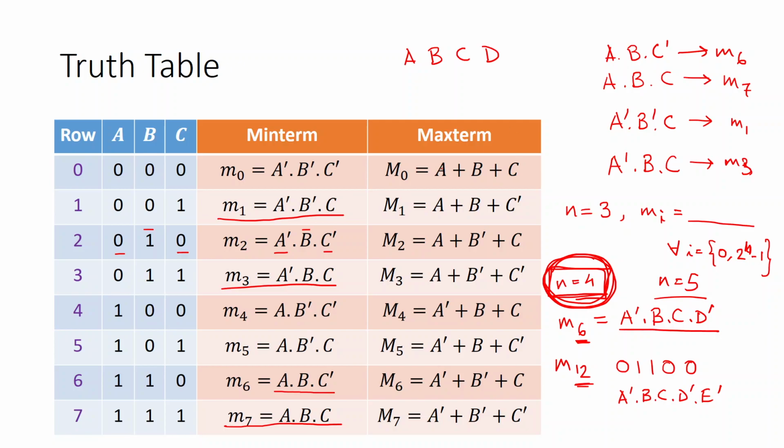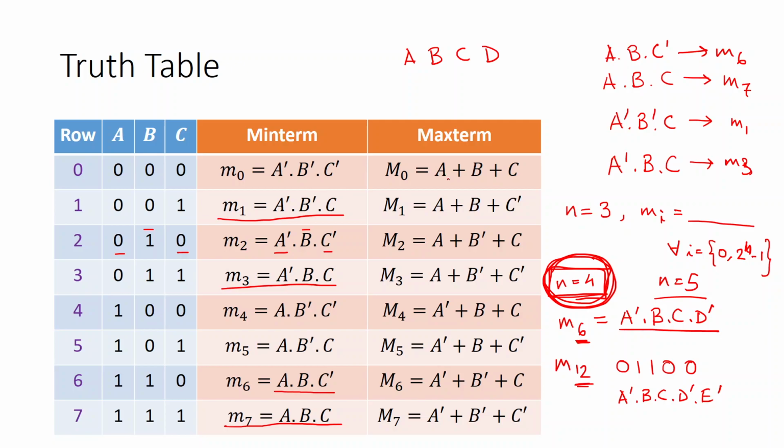Similarly, max terms are constructed in the same way, but the logic is a bit different here. If you look at the max terms, you will find these are sum terms. First of all, the literals are connected using sum, using logical OR operation. In min term, the literals are connected using logical AND operation.